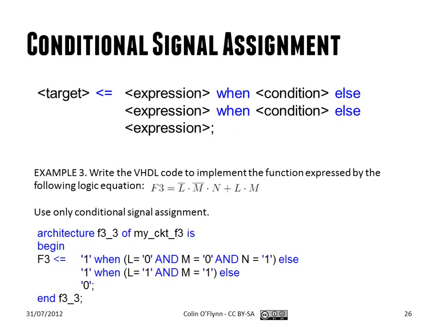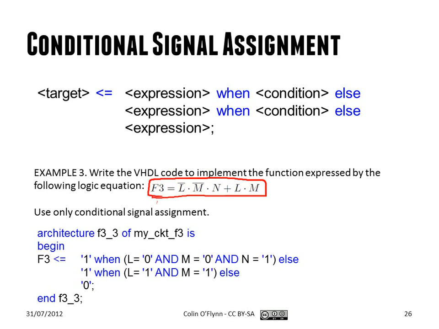You can conditionally assign it. So, for example, assign it to something when some condition is true or something else when not. So here we have the example, implement this logic function in VHDL using the when condition type thing.